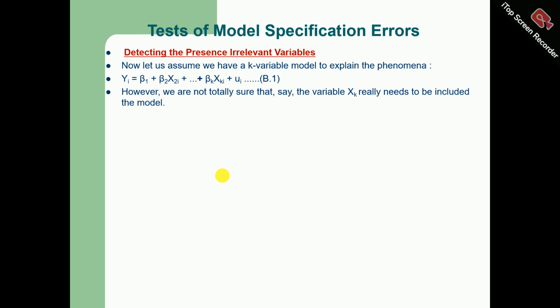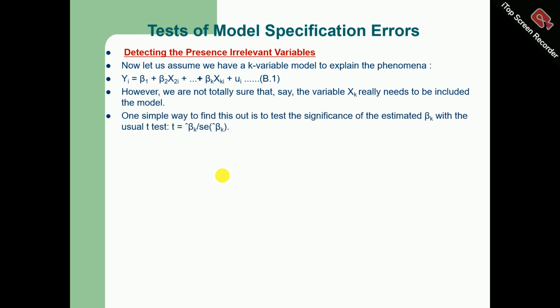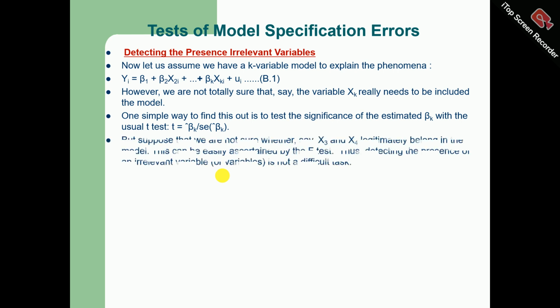However, we are not perfectly sure whether variable Xk really needs to be included in this model or not. So one simple way to find out is to test the significance of the estimated beta k with the usual t-test, and if the t-test is insignificant, then we may think that this variable is unnecessary to be included in this model.